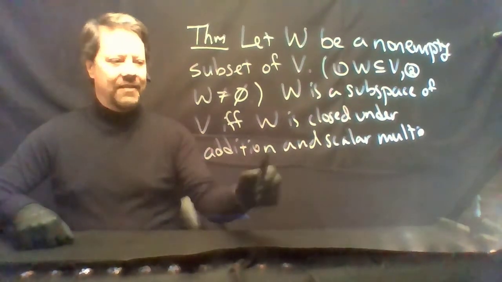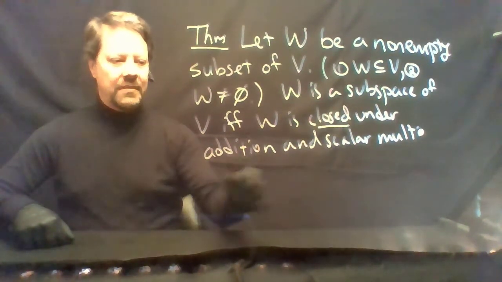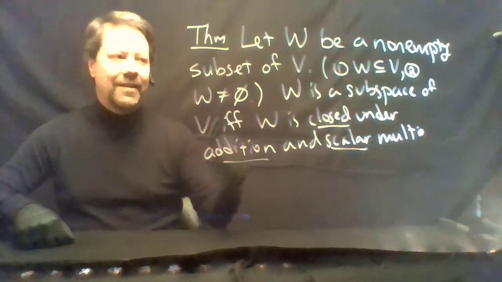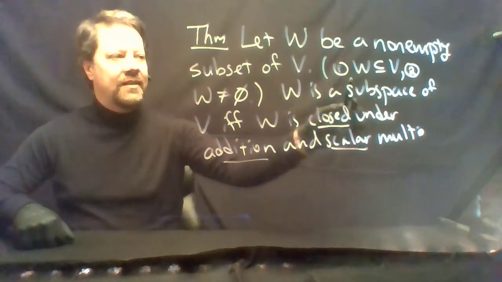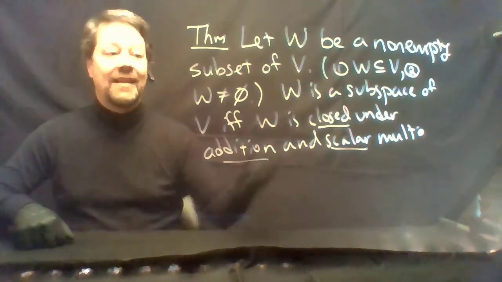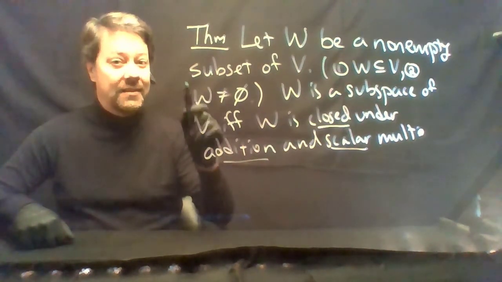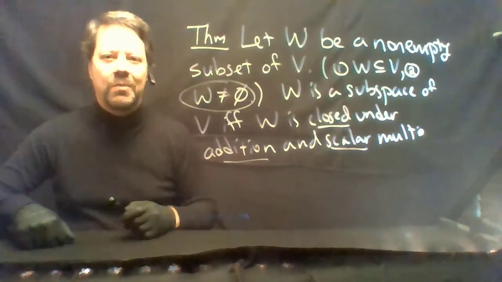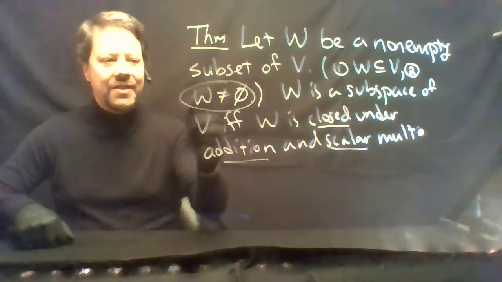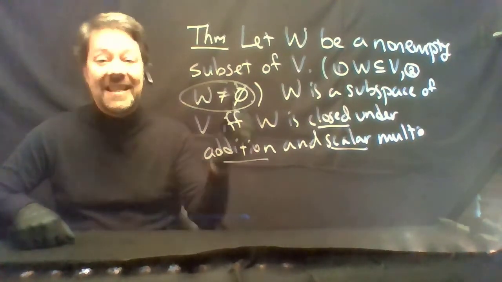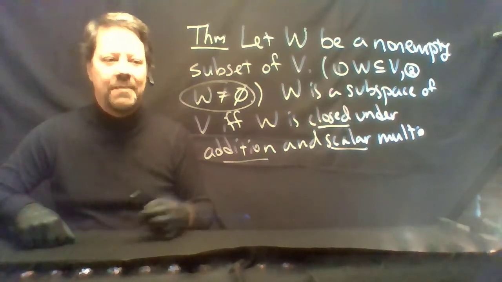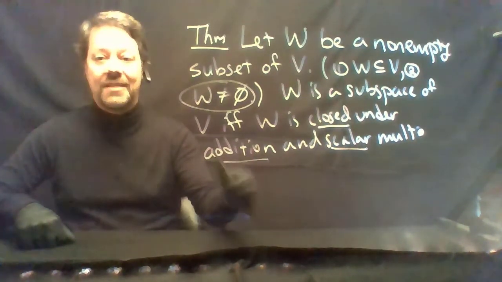It may seem like there are only two conditions, closed under addition and scalar multiplication, but there are really four conditions when you think about it. W has to be a subset, and it has to be not empty. This non-empty condition is actually quite important. The empty set is closed under addition and scalar multiplication, because if you take two elements in there and add them, you get something in there.